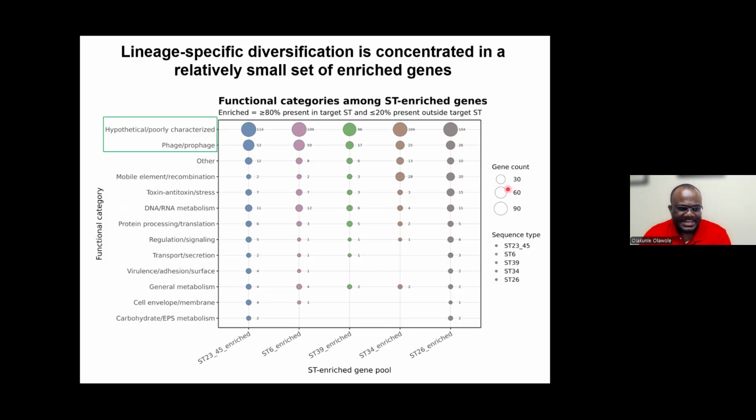And also, if you look at the STs, the ST26 contained the largest number of enriched genes associated with mobile elements.